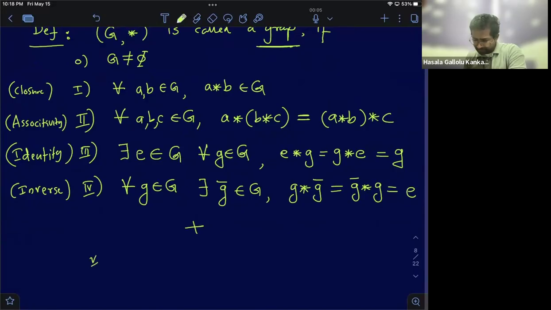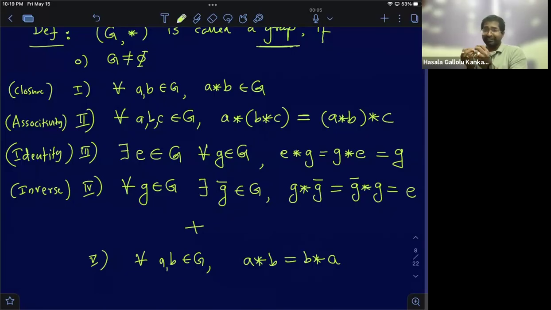Together with this, there is an additional condition. The fifth property is not included in the group definition. It is going to be a somewhat enhanced version of a group. If for every A, B belonging to G, for every two elements, A operated B is the same as B operated A, that simply means you have the commutative property no matter what you're going to operate with.